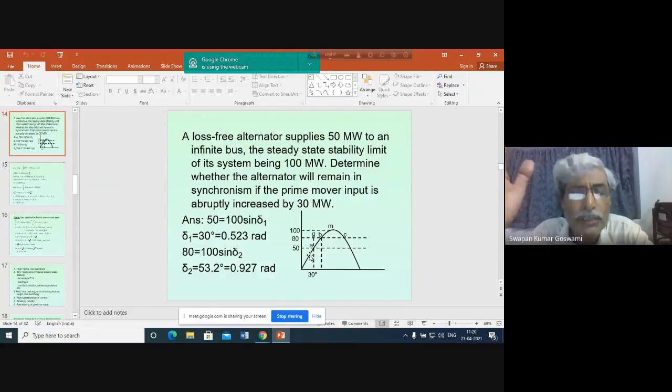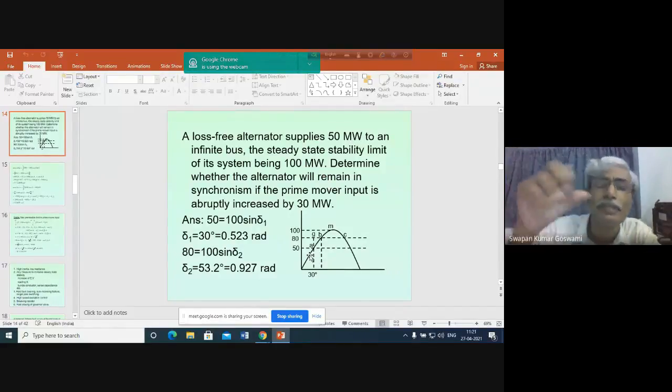If the disturbance is so small that we can ignore oscillation, then the stability limit will be indicated by the maximum permissible power output that occurs at delta equal to 90 degrees for a cylindrical rotor machine. But for transient stability, where the disturbance is sudden and large, how much impetus is on the generator because of a fault or a disturbance depends upon many things, one of which is the initial operating point.